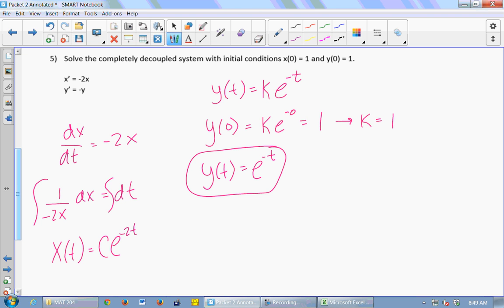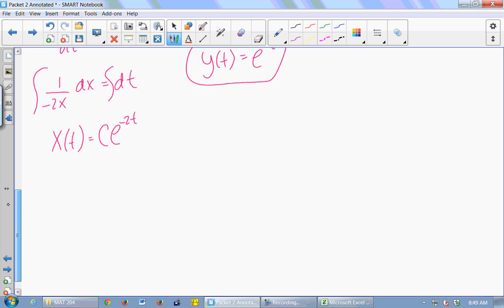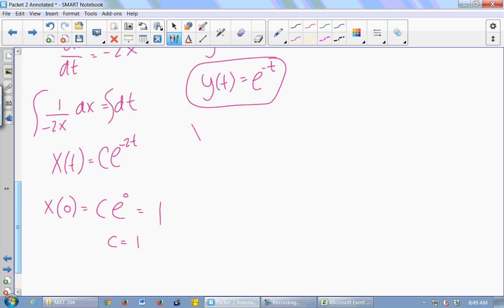And then my x of t, x of 0 is also 1. So c has to be 1 also. So x of t is e to the negative 2t.